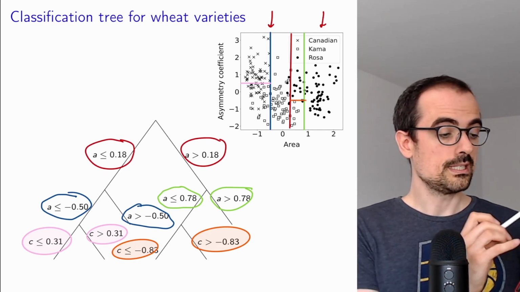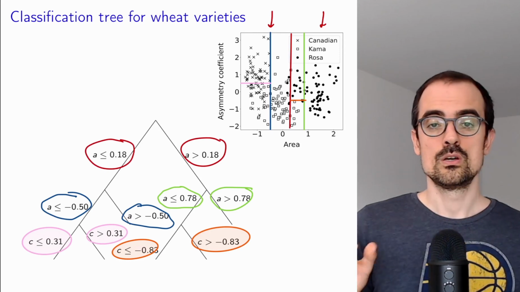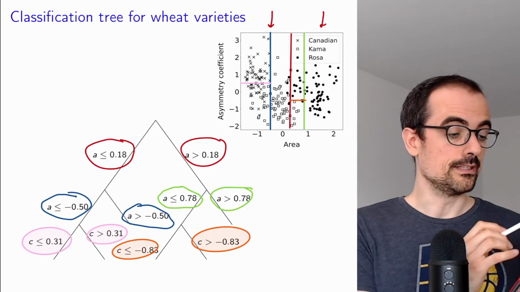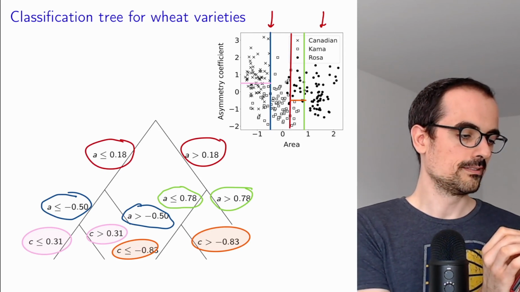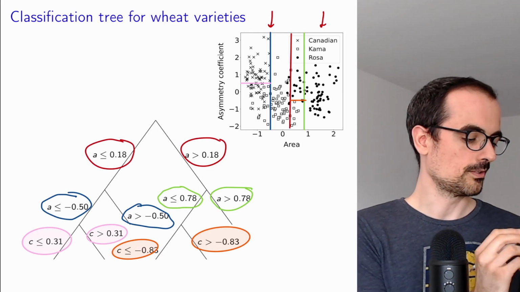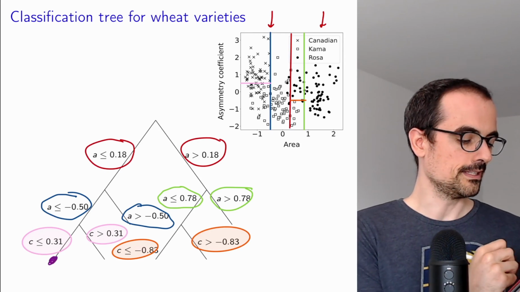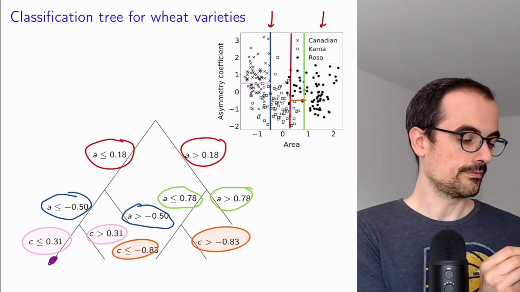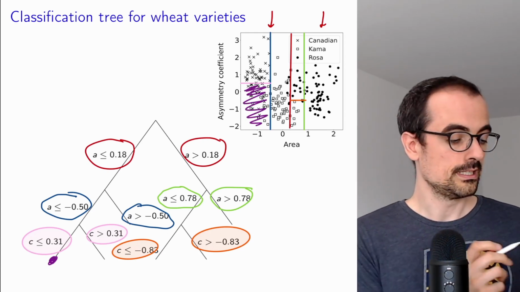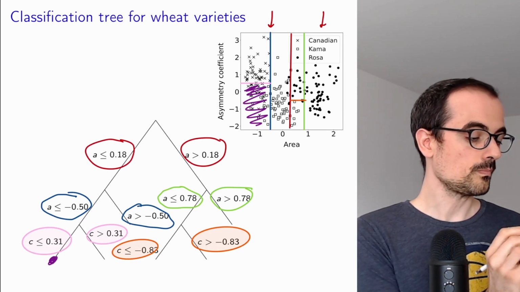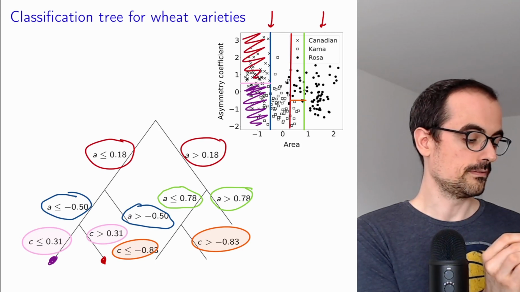So now you will see that for each of the leaves in the tree, I'm running out of colors, so the colors are not going to be super consistent. Hopefully you can forgive me for that. But basically now for each of the leaves in the tree, we have different regions. We have partitioned the feature space into regions corresponding to each of the leaves of the tree.